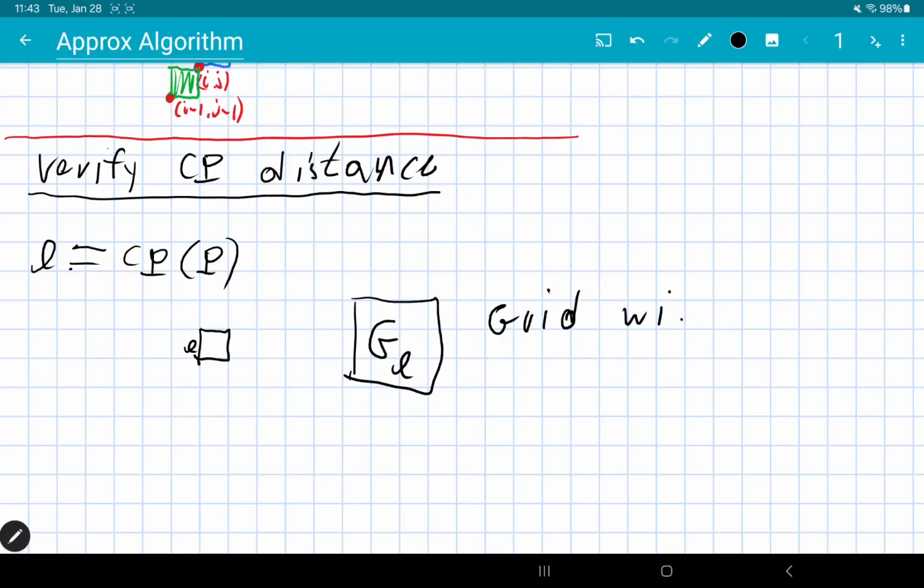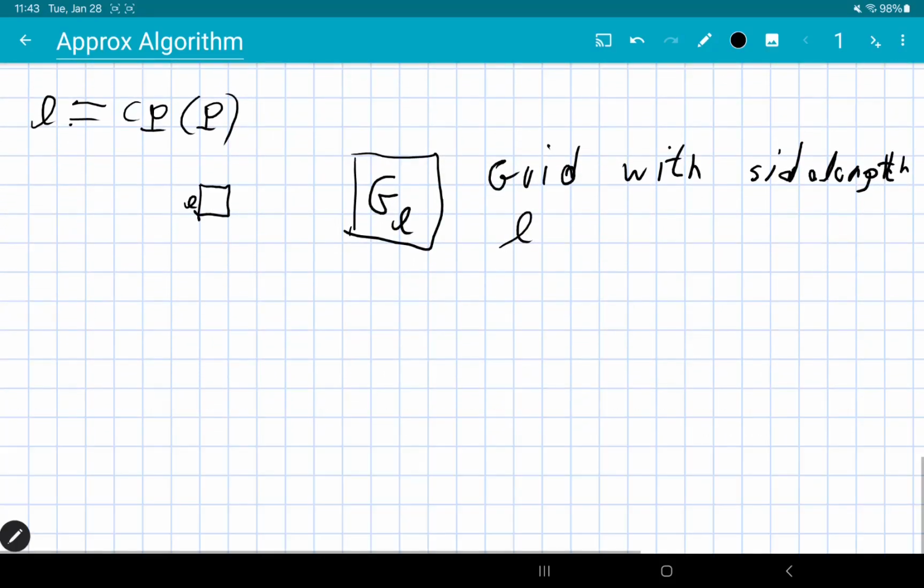This is the grid with side length L. Okay. And the first observation we need is that no grid cell can have a lot of points in it, right?